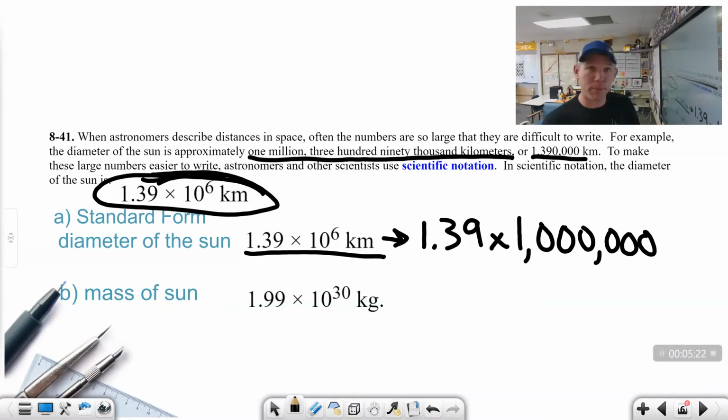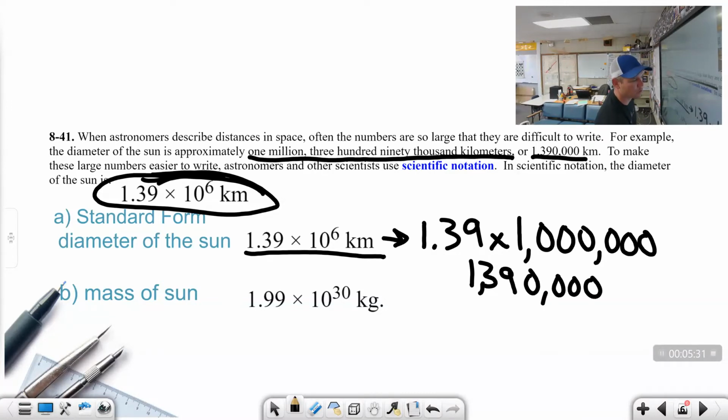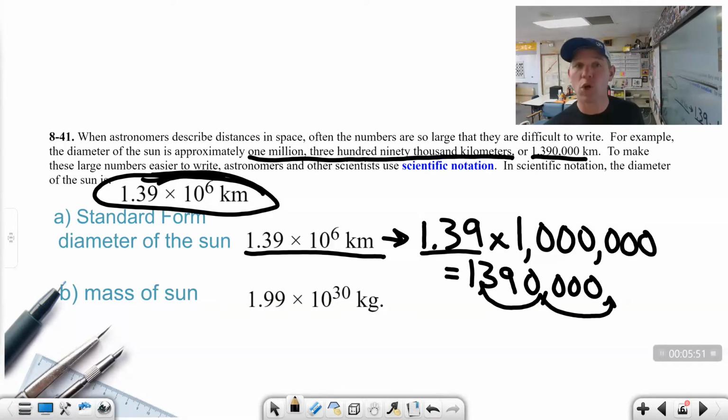So if I had a calculator, I would get 1,390,000. Notice this is the math of it. So I notice this turned into 139, the non-zero number is still there, and I move that decimal 6 times. You need to be able to move that decimal according to the power that is there.